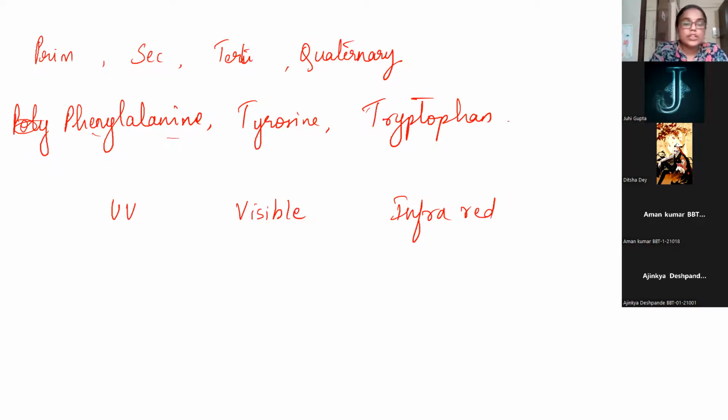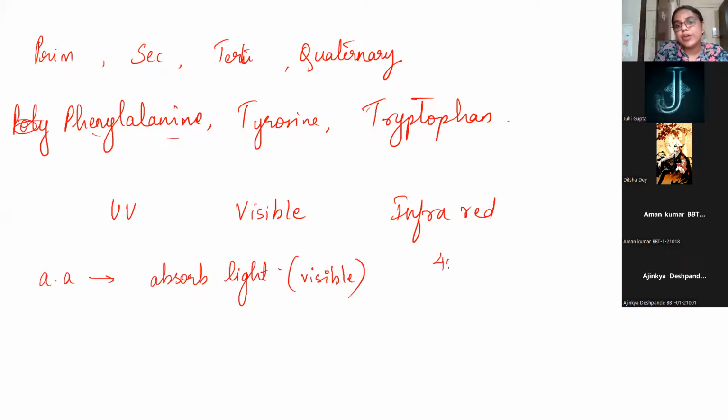Now in modern biochemistry, the structures of these amino acids have been determined with the help of their interaction with light, by spectroscopic measurements. Why? Because none of the amino acids absorb visible light. What is the visible light range?